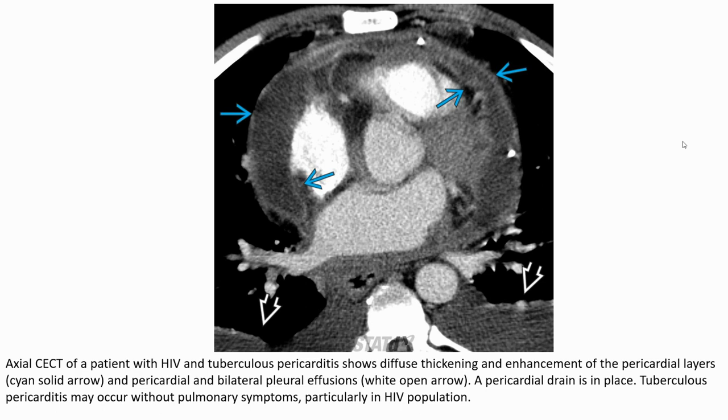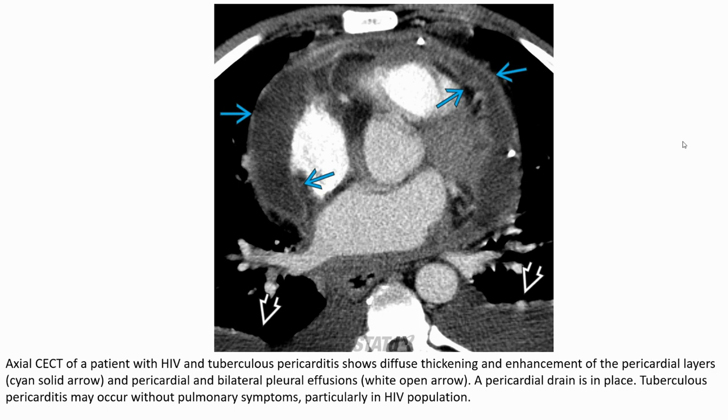This axial contrast enhanced CT is of a patient with HIV and tuberculous pericarditis, showing diffuse thickening and enhancement of the pericardial layers, white solid arrow, and pericardial and bilateral pleural effusion.